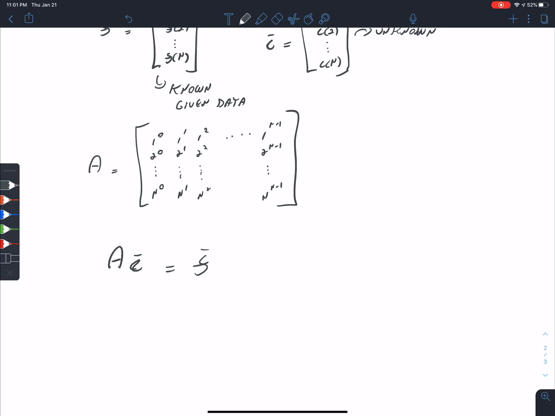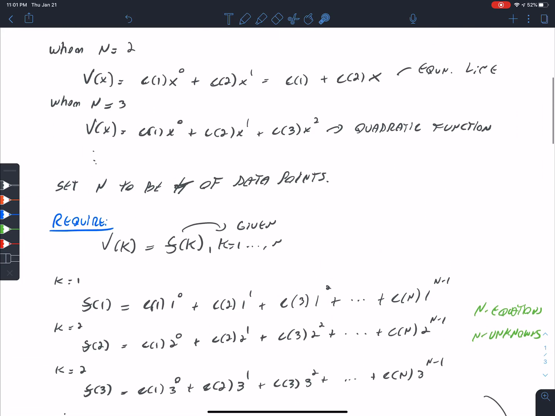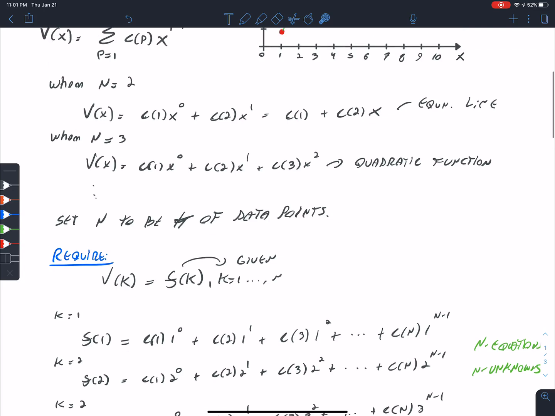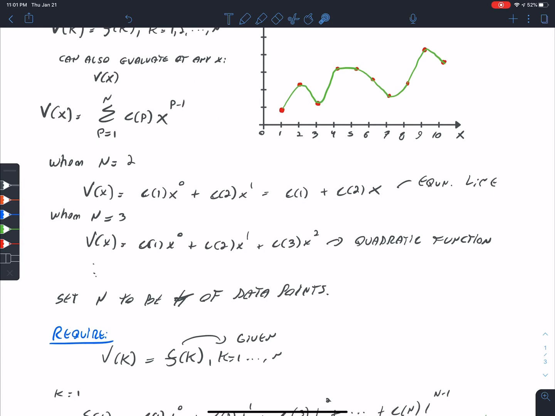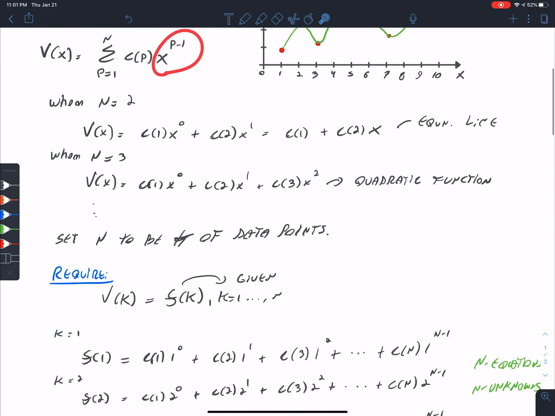Again, this matrix A is given by your polynomial values being evaluated, right? We started with the premise that we were going to fit a polynomial of this type to our red points here, our given data. So that is where this matrix is coming from, these values of the polynomial.